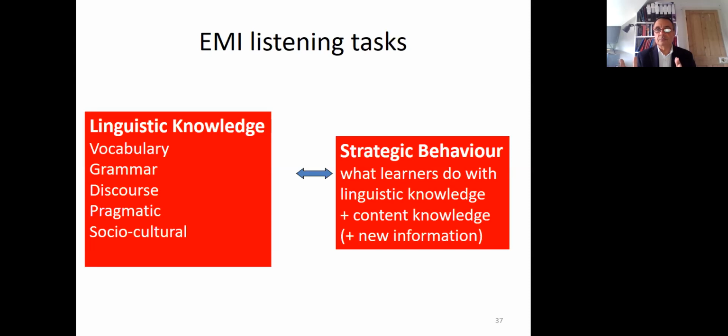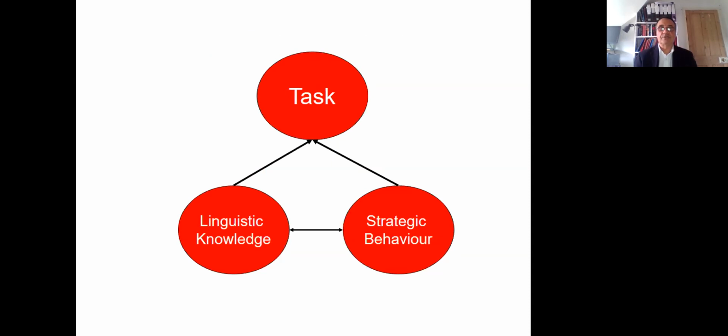And then you've got what learners do with that knowledge, their strategic behavior, and their content knowledge in EMI, plus any new information. So let's talk about the task as being the teacher lecturing in EMI in English on a particular topic. If the task is reasonably balanced or pitched at the right level, then the students will use their linguistic knowledge plus some strategic behavior in order to overcome any difficulties they have in understanding.